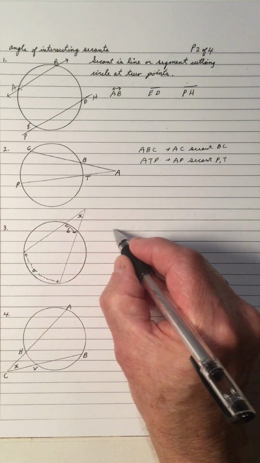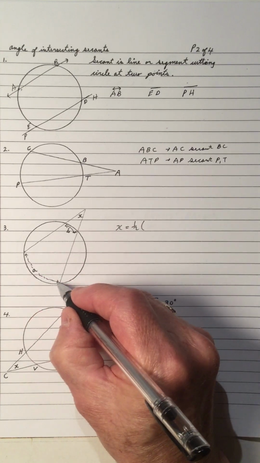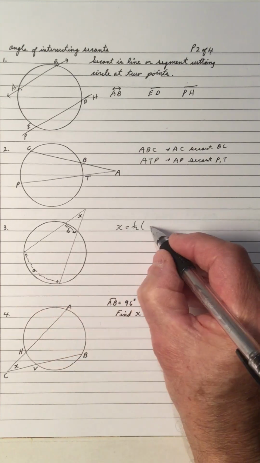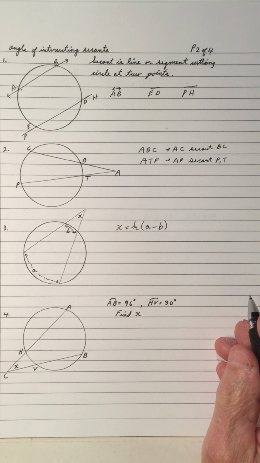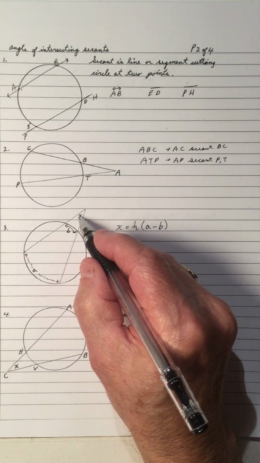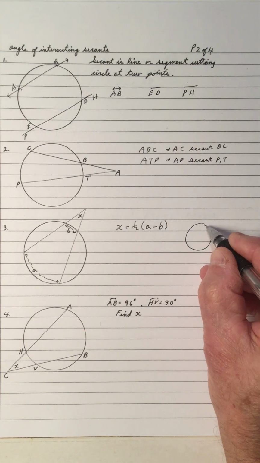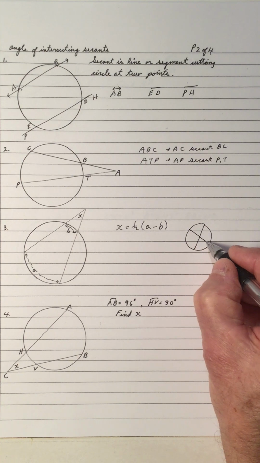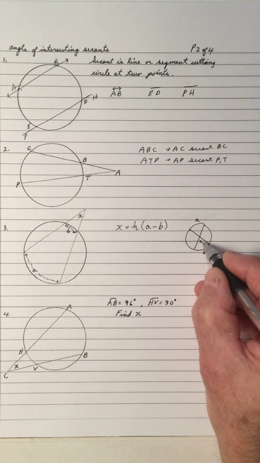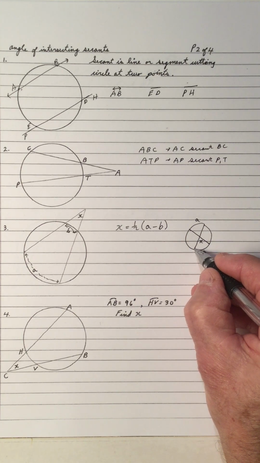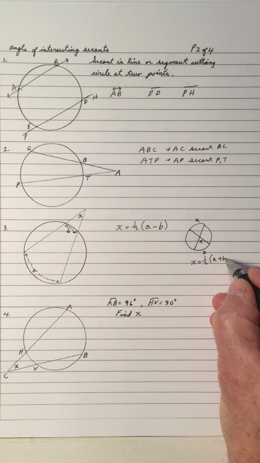So this angle here, X, is going to be a half of the outside arc, which is A, minus the inside arc, B. Just to clarify, if you're dealing with chords, like in here, and we call this A and B and X, then because the two chords are intersecting, X is going to be half of the sum of the two arcs.